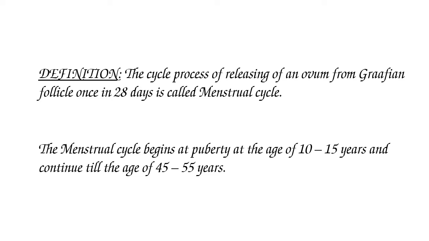Here mensum means month. This menstrual cycle begins at puberty, sexual maturity, at the age of 10 to 15 years, and continues till the age of 45 to 55 years.